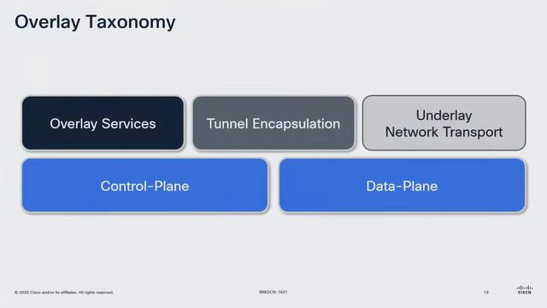Now, when I learn new technologies, I like to deconstruct the different components. When I look at an overlay taxonomy, what does it really mean? It's a tunnel encapsulation. But there are some services that I want to make sure I can support. Maybe I want to support layer 2, layer 3, or a blended service to do both, something like integrated routing and bridging. And then ultimately, I need what we built as an underlay network transport, a layer 3 fabric.